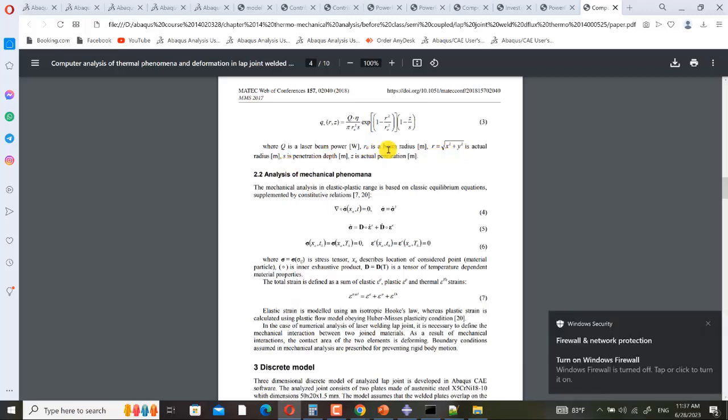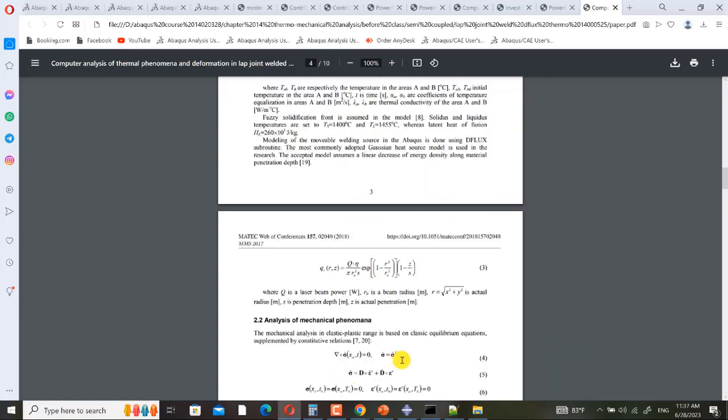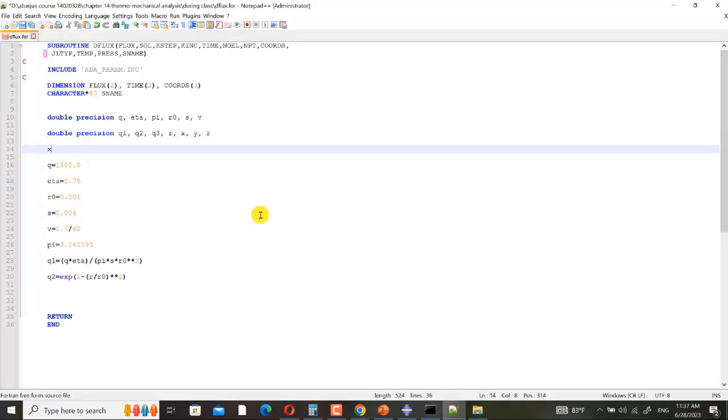Yes, it's for the surface. Okay, it's for the surface. And yeah. So X is coordinate 1.